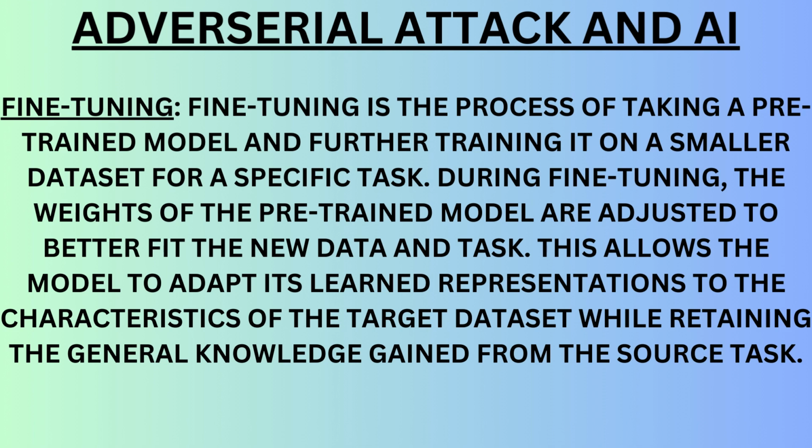Fine-tuning is the process of taking a pre-trained model and further training it on a smaller dataset for a specific task. During fine-tuning, the weights of the pre-trained model are adjusted to better fit the new data and task. This allows the model to adapt its learned representations to the characteristics of the target dataset while retaining the general knowledge gained from the source task.